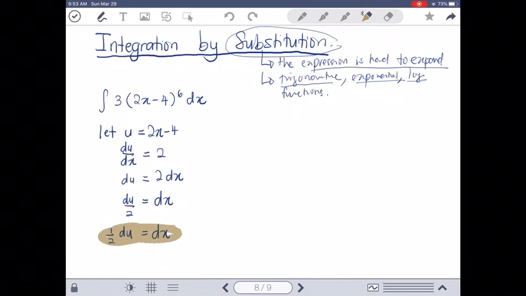Use this to substitute into this, and also the value of 2x minus 4 equals to u to substitute into the bracket there.